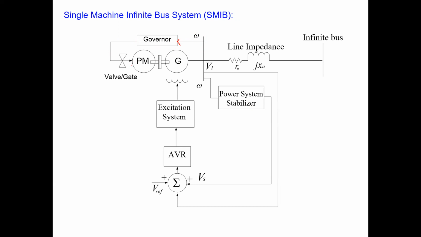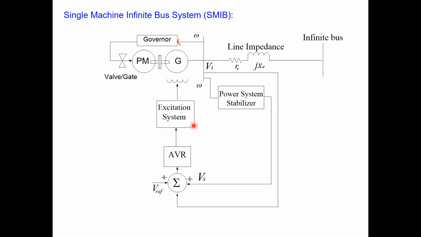Then again, the generator also has a field circuit. This field circuit has to be excited from a DC source, so there is an excitation system here.